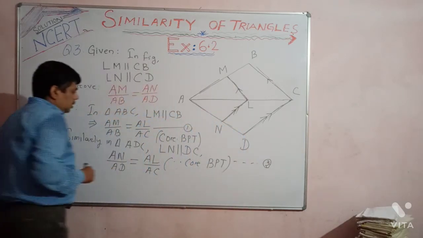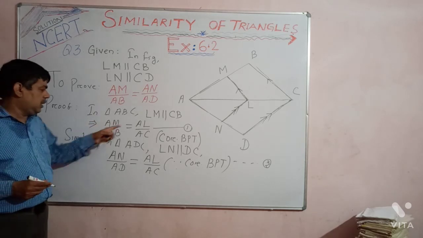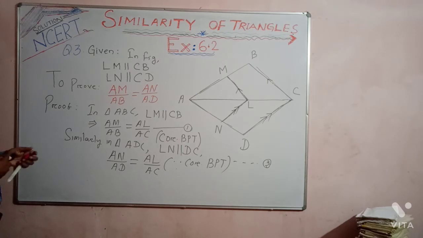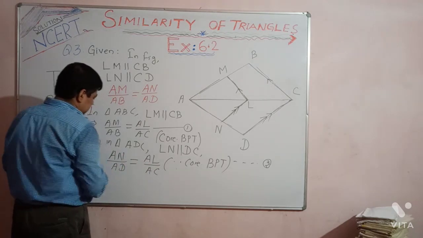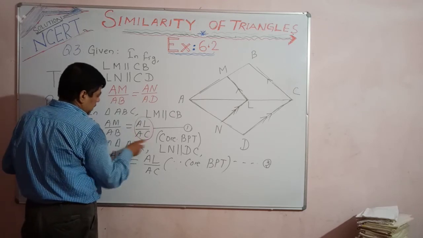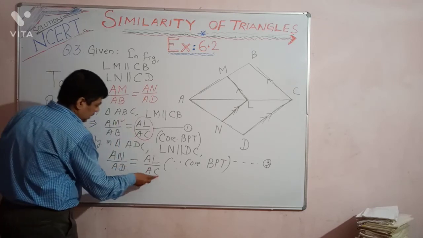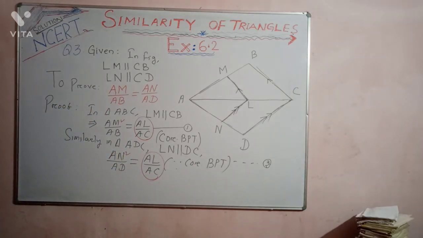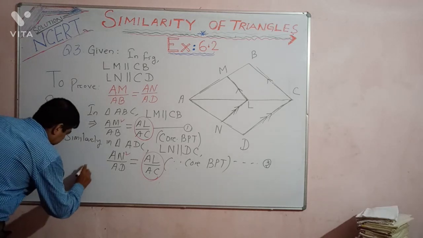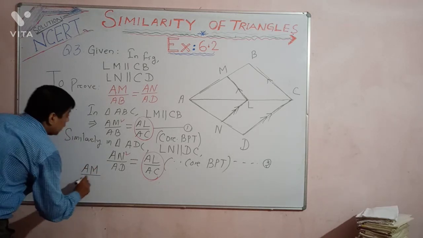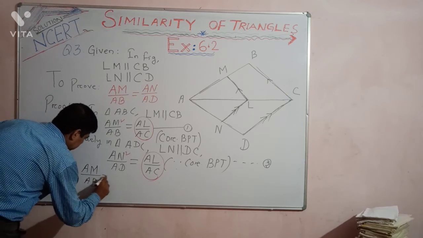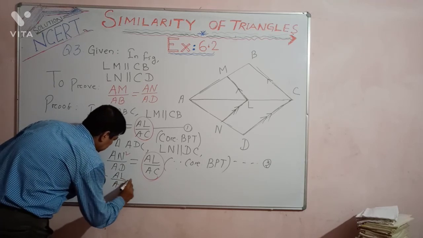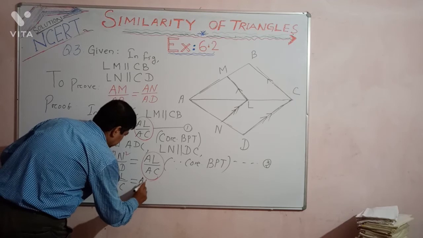Now you see from equation 1, AM upon AB is equal to AL upon AC. And in equation 2, AL upon AC is equal to AN upon AD. So we can equate equations 1 and 2. We are getting AM upon AB is equal to AL upon AC, and again AL upon AC is equal to AN upon AD.